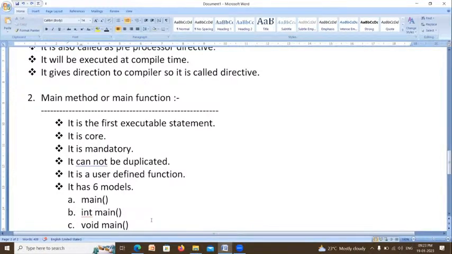It has 6 models. One is main, second is int main, third is void main, fourth is main of void, fifth is int main of void, sixth is void main of void. You can use the function in any one of the 6.